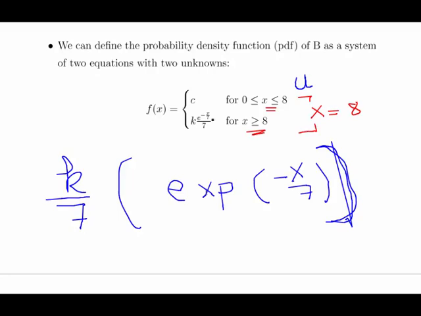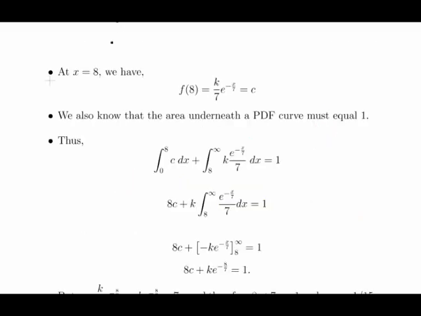It would make sense in a continuous distribution that they would sync up at the junction points, where they meet each other. So at x equal to 8, we have f of 8 equals k over 7 times the exponential of minus x over 7, which is equal to c. We're going to use that later on.